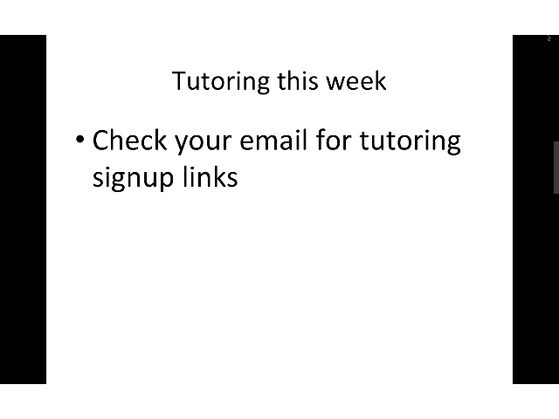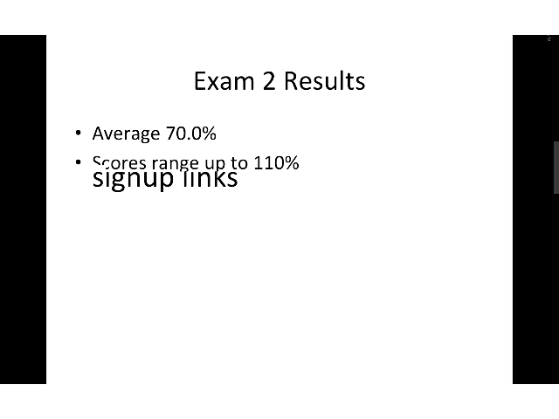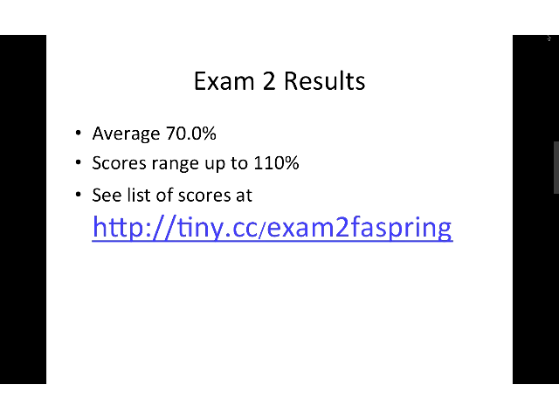It feels like a long time ago since before spring break, but Exam 2 results, I wanted to share some things with you. The average was 70% on Exam 2. The scores ranged up to 110%.